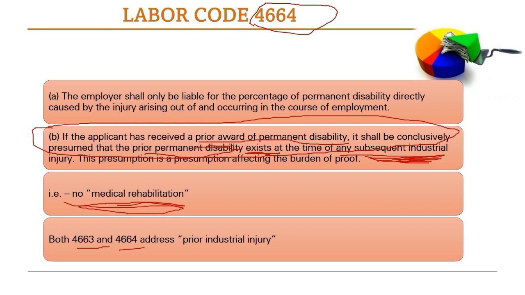So you may be asking yourself, well, if 4664 here applies to permanent disability awards, how do we apportion in the case of a compromise and release? Because the law here is specific for a prior award of permanent disability, a specific language. But as we know, approximately 65% of all cases resolve by way of compromise and release. So how is a compromise and release apportioned?